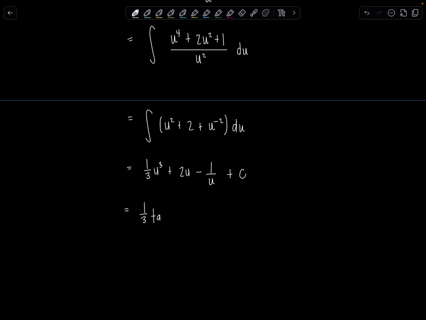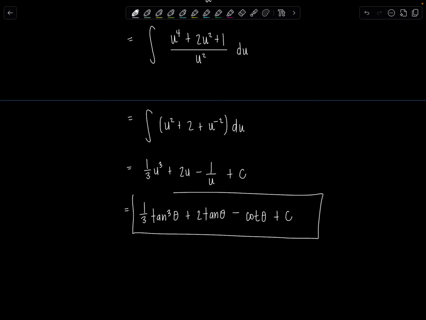So 1/3 tan cubed theta plus 2 tan theta minus 1 over tangent theta, which is cotangent theta, so let's write it like that, plus C. And we are done.